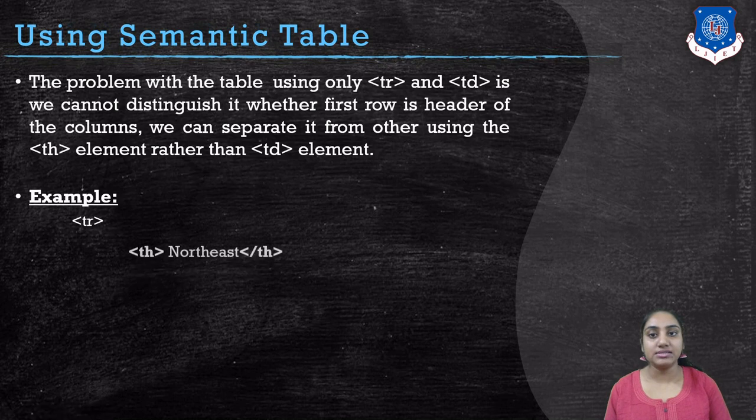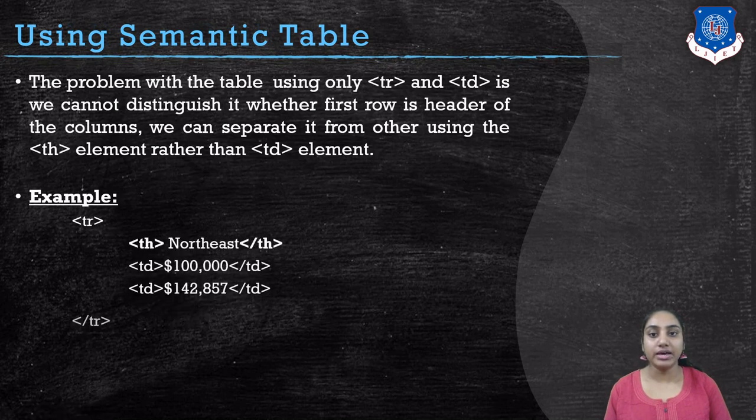But what is the semantic table? As we know, by tr and td we only get to know that this is the table row and this is the table data. And this is the th tag, that is for table header.